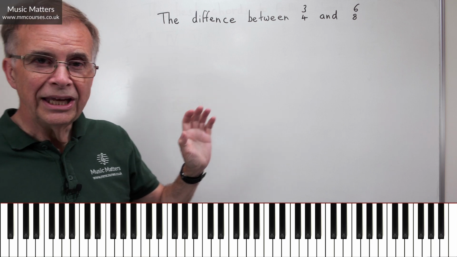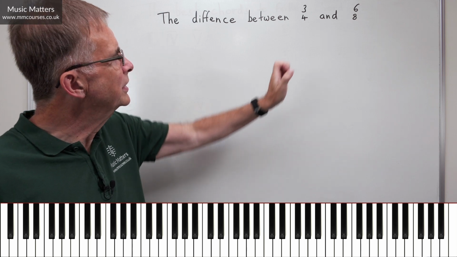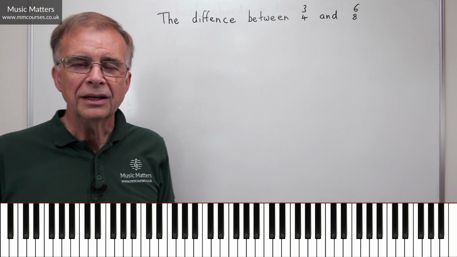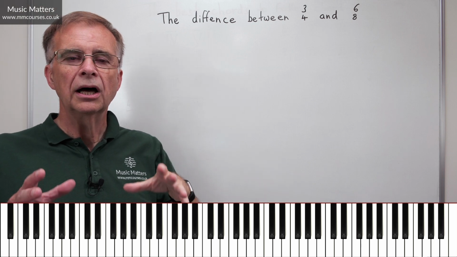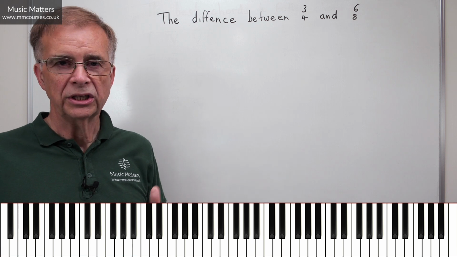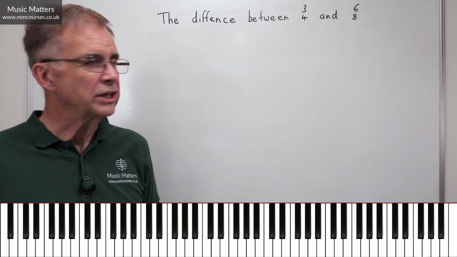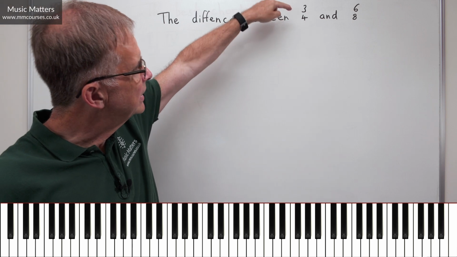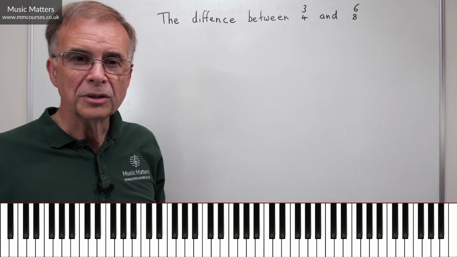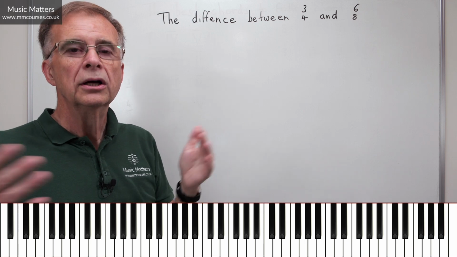If you can take it from me for now, without a full explanation, if you see 4 as the lower number, that means the beats are crotchet beats, or quarter notes. If you don't like the term crotchet, understandably, you'll know it as a quarter note. So 3/4 is telling us that there are 3 somethings in a bar, and the 4 at the bottom is telling us that those somethings are quarter notes or crotchets.